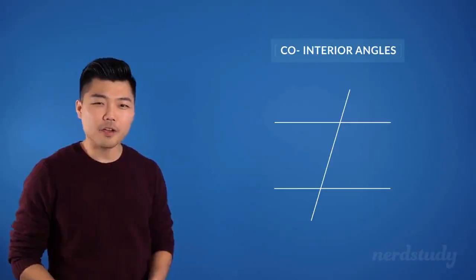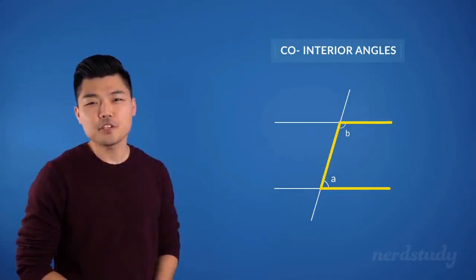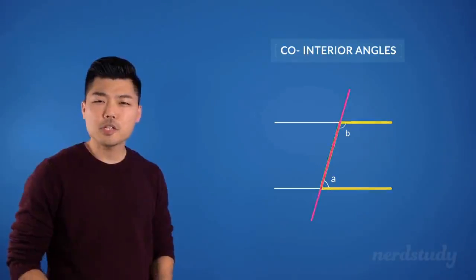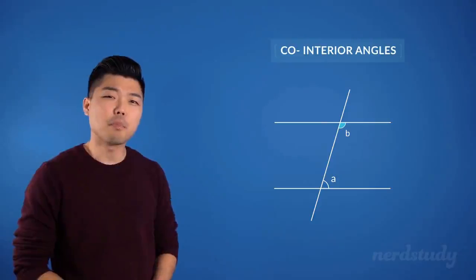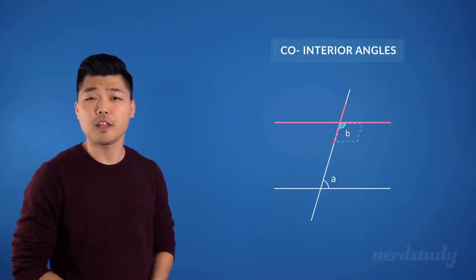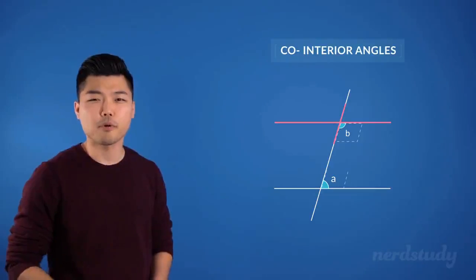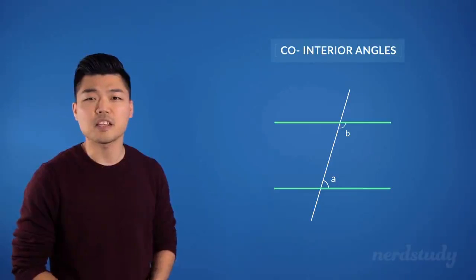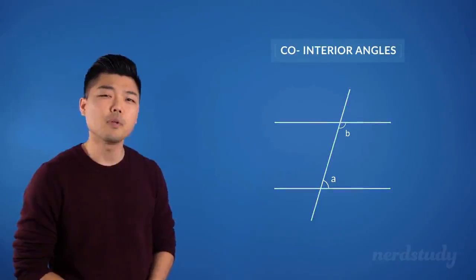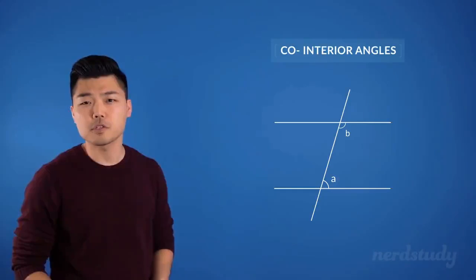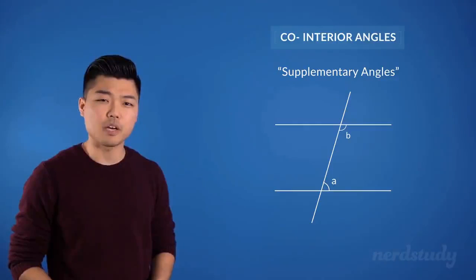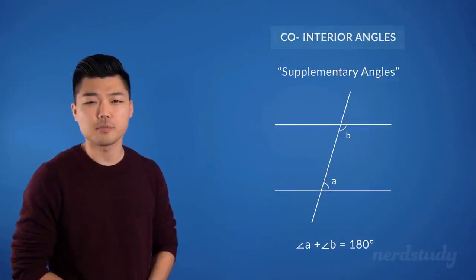Co-interior angles are angles on the inside of each intersection where the straight line crosses. Notice how this one is on the bottom right of its intersection, and this one is on its top right. If we're working with 2 parallel lines and a slant, then the co-interior angles are always supplementary angles, in that they will add up to 180 degrees.